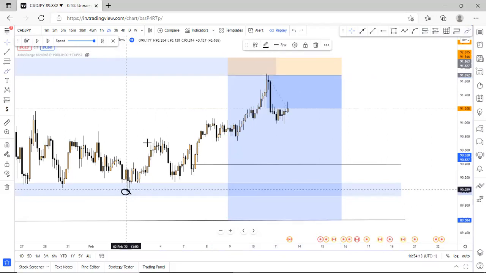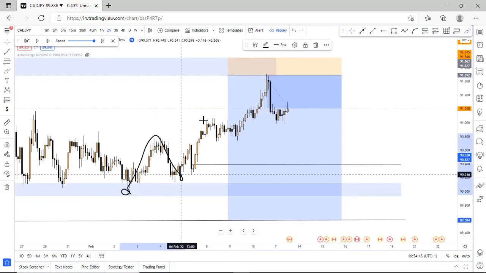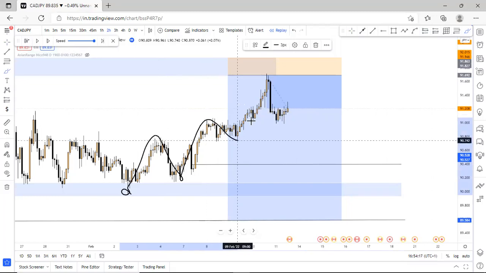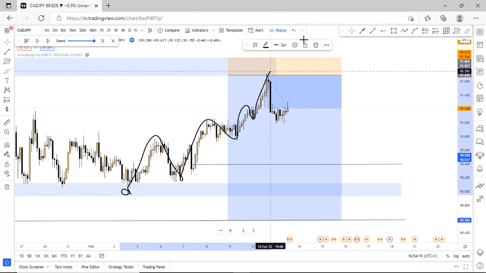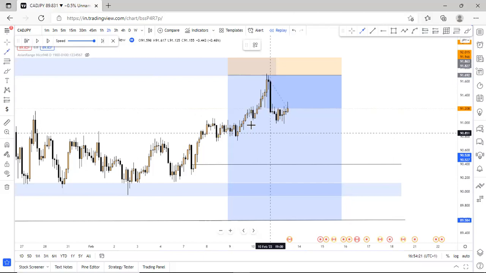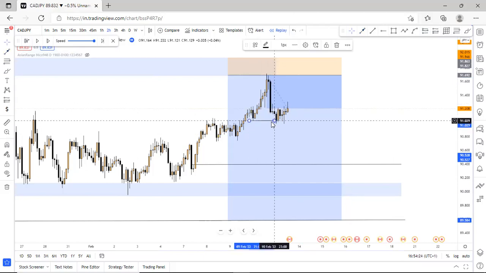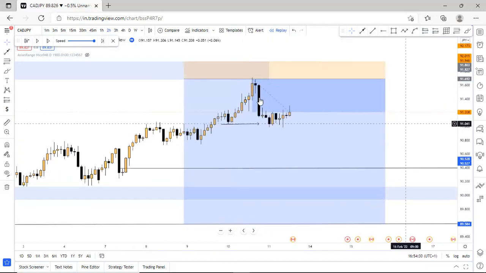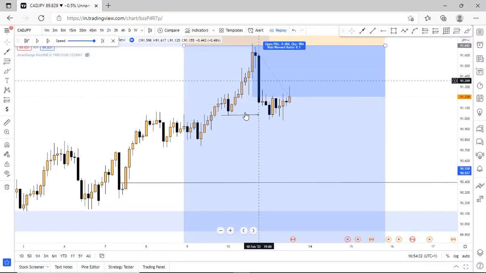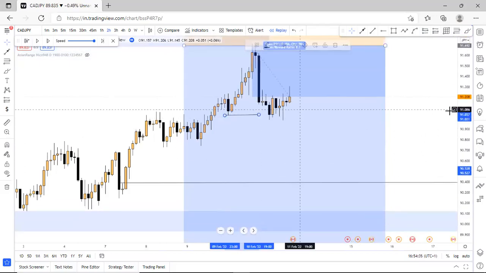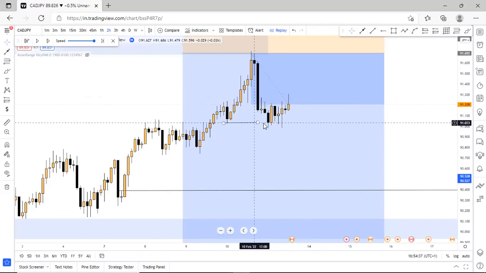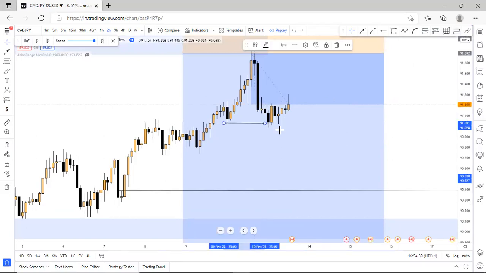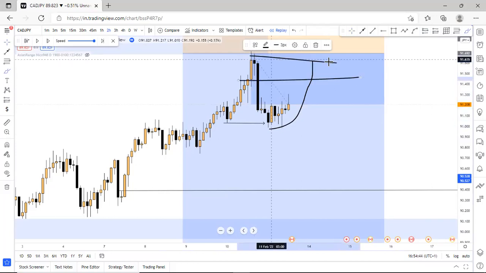From this low, we created this high, this low, this high, this low, this high. As you can see, we broke structure at this low. This structure was taken out with an impulsive candle, a strong momentum candle. So we know anytime we have a break of structure, price will always tend to go back to mitigate the supply zone that caused the break of structure.